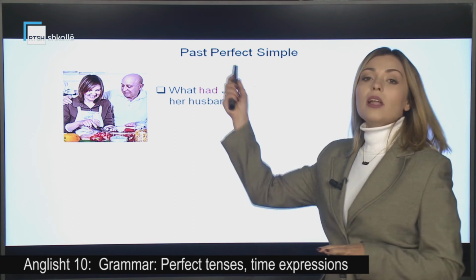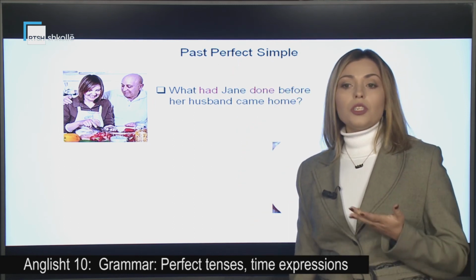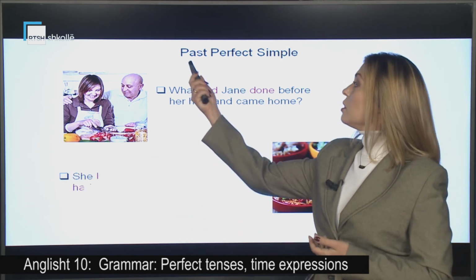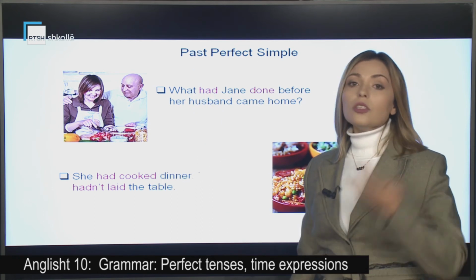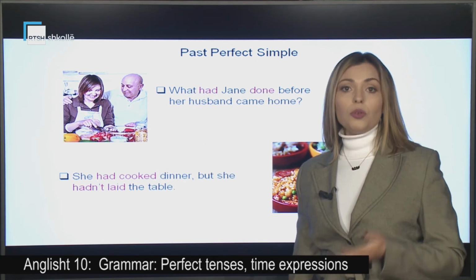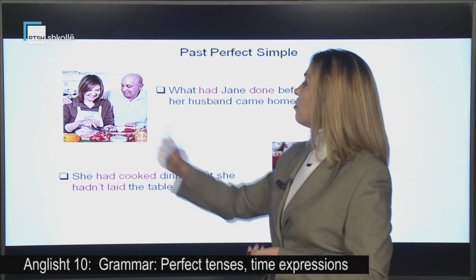We also have another perfect tense, that is the past perfect. The difference between the present perfect and the past perfect is easy. This one refers to the past. The present perfect refers to the present, of course. So, we can see the lady.